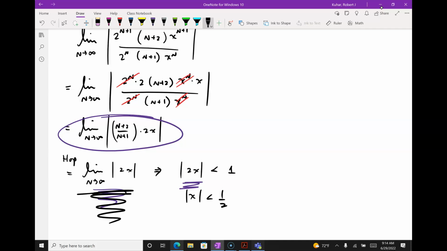So I know my limit is the absolute value of 2x, and I want that to be less than 1, because of that whole geometric thing. Every time I'm multiplying by x, I know it's going to converge as long as that piece is less than 1. So then I get the radius of less than 1/2.